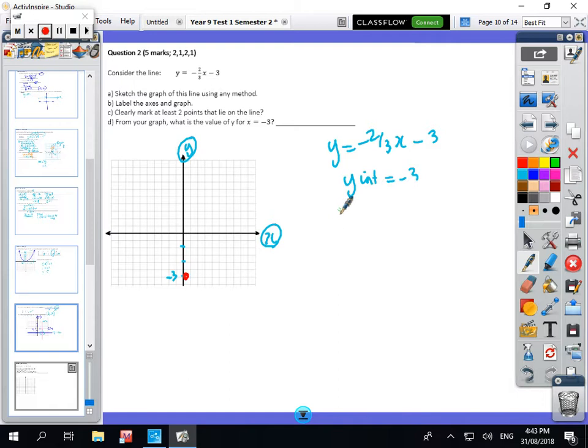Now, if I'm using the gradient-intercept method, I'm going to go down 2 and then run 3. So 1, 2, 1, 2, 3. So the second point is about there.